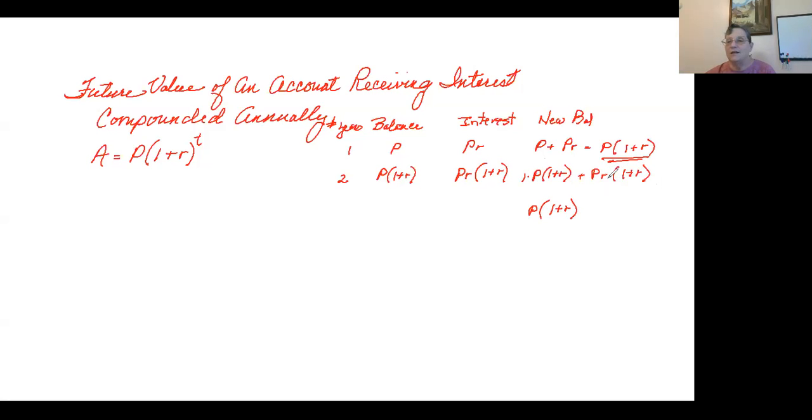And we have factored out everything but the R here, so that leaves just the R. So it's P times (1 plus R) times (1 plus R). But this is the same thing as that. So the new balance is actually P times (1 plus R) squared. This is the second year.